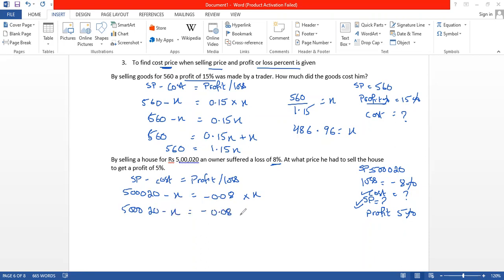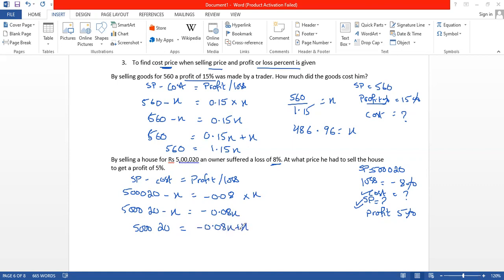Multiply it. Now this minus X would shift to the other side. It would become a positive X. Now again, when you have nothing, you have 1.